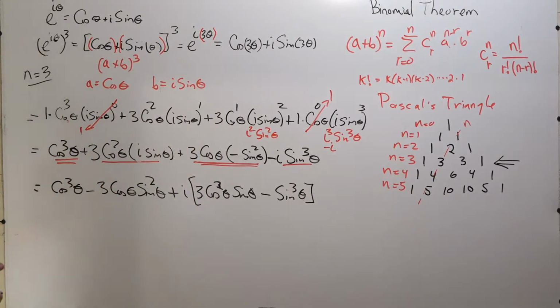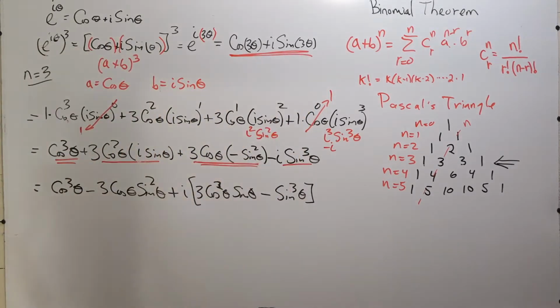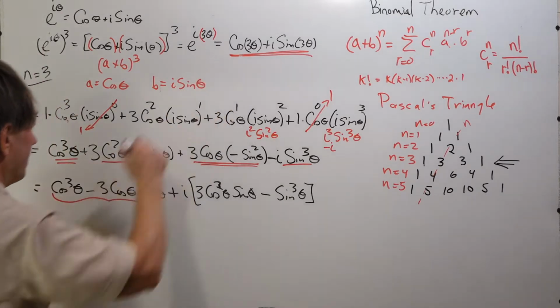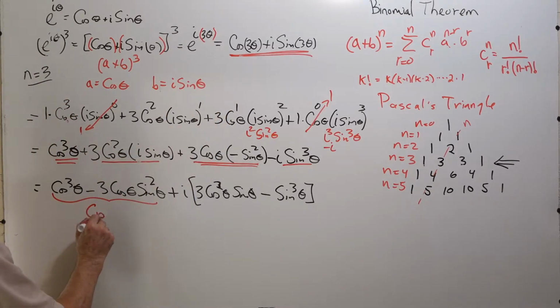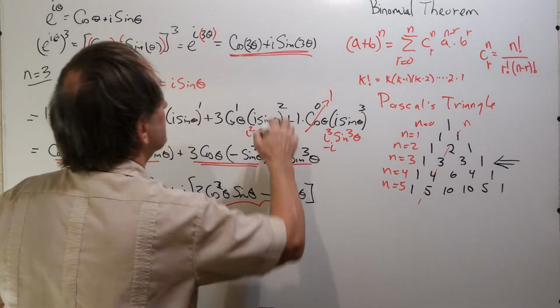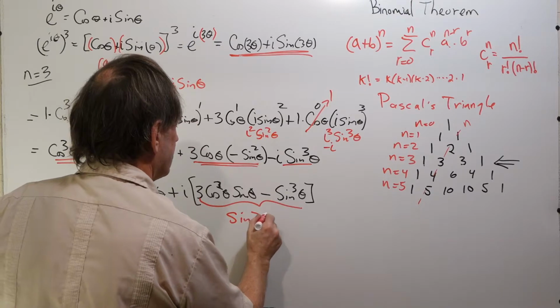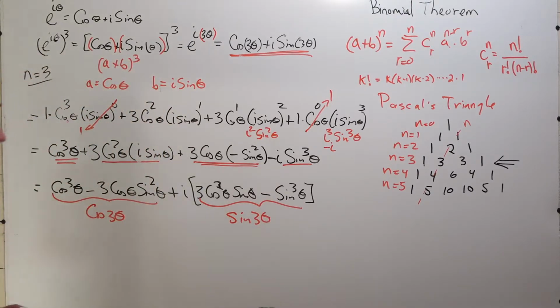Now, we said that this is equal to this. So this part here is the real part, and this is equal to that real part, which is the cosine of 3 theta, and the imaginary part is equal to the imaginary part here, which is the sine of 3 theta. So now we can write down two identities.